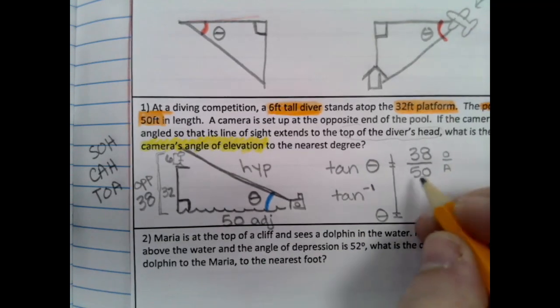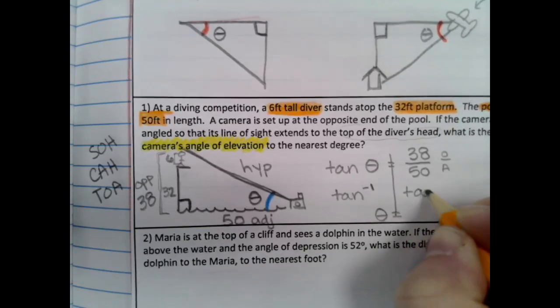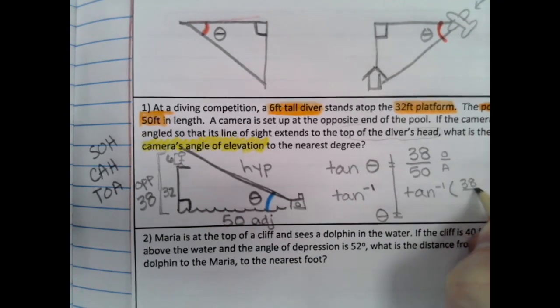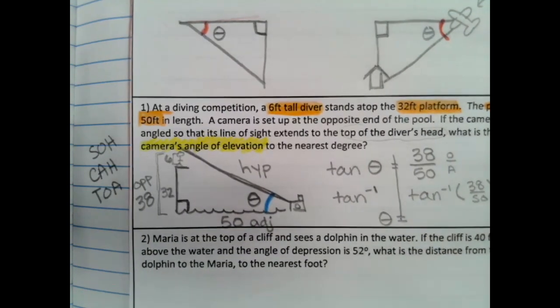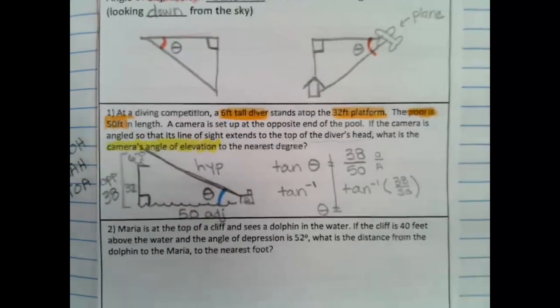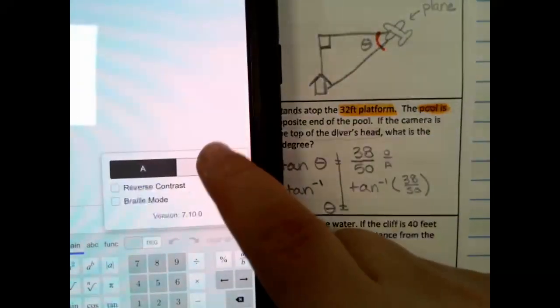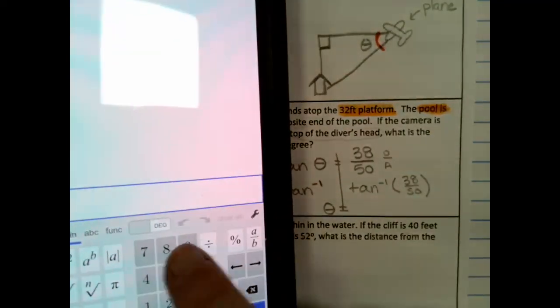Inverse. Good. So we're going to do the tangent inverse on both sides. Okay, and this one is really good to use your handy-dandy calculator for. Okay, Desmos calculator is really nice because it's automatically already in degrees for us.